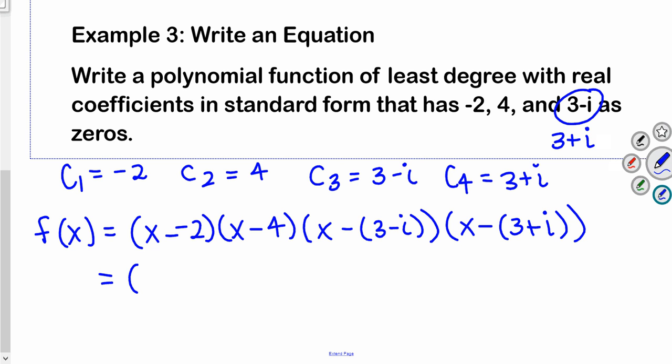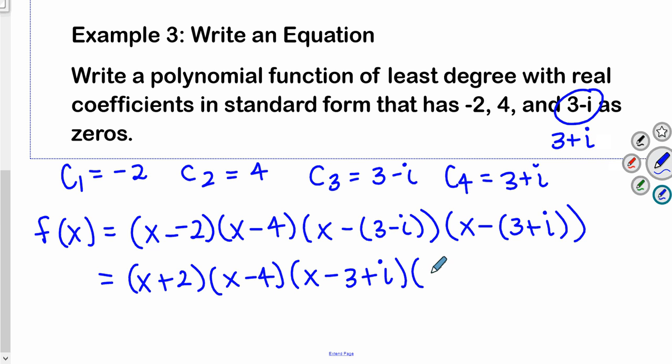I'm going to clean this up a little, so that's x plus 2, x minus 4. That gives me x minus 3 plus i. And this next one gives me x minus 3 minus i.